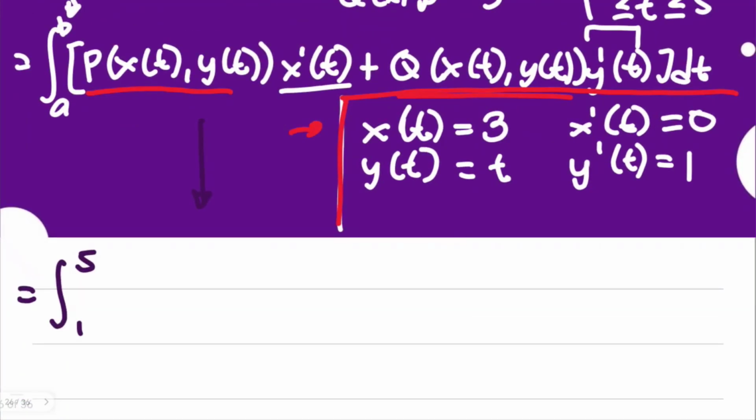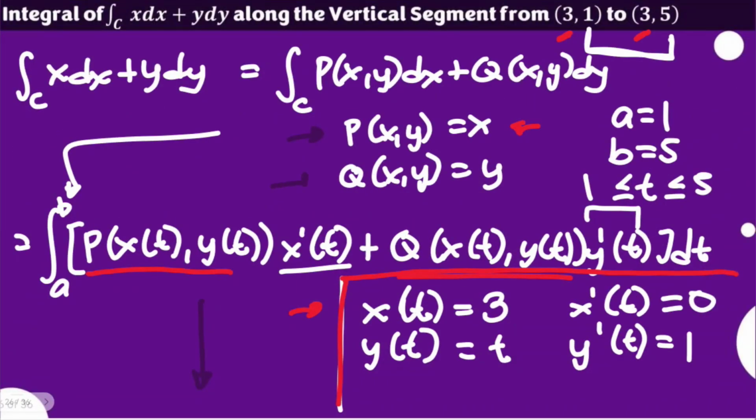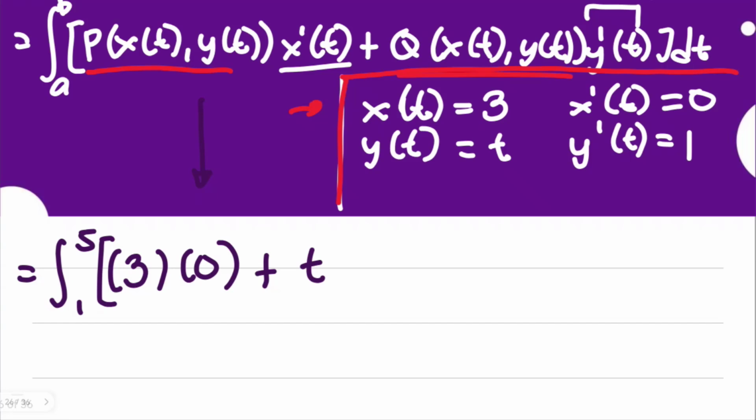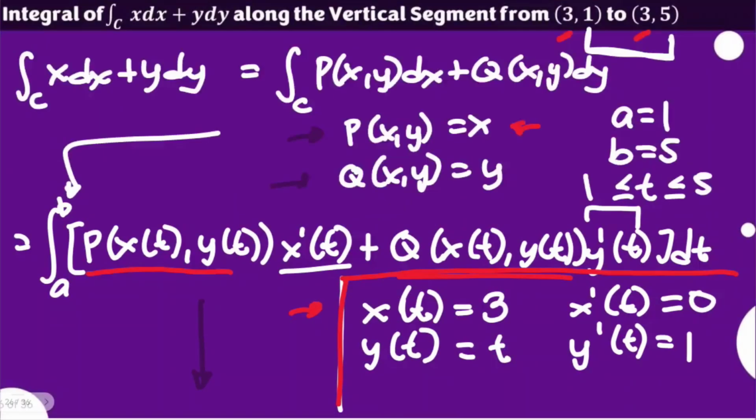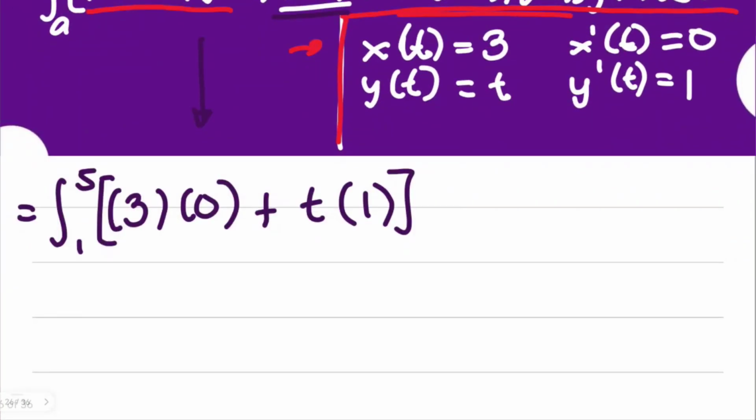Hence, you will have 3 times the derivative of x, which is 0, plus your Q, which stands for y, so that's actually t, the parametric form, times the derivative of y, which is just equal to 1. By the way, it's not all the time that you're multiplying them. It depends on how the function was defined. Since your first function is just x, that's why we multiply it to its first derivative, so it's 3 times 0. But it's not all the time. We'll have some examples for that as well later on.